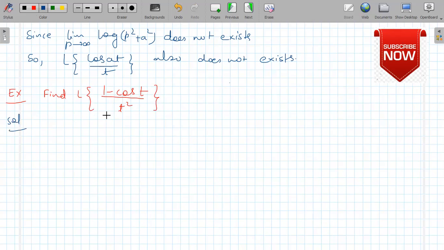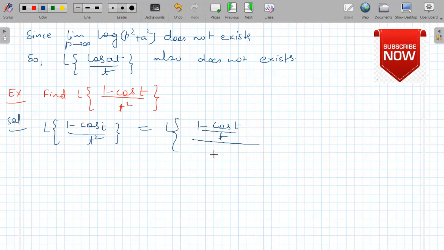You can think that we have not studied the rule when the function is divided by t square, then how to do it? You can do it by the same rule, by writing this function as 1 minus cos t divided by t, whole divided by t.